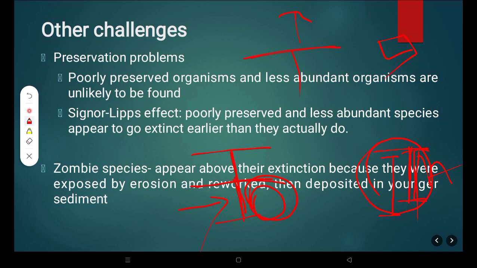So what he will present is that conodonts are obtained from Cretaceous rock, and this is the conodont biostratigraphic zone. But this will be the wrong interpretation, because they went extinct much before, in the Triassic. So this is another problem in biostratigraphy.